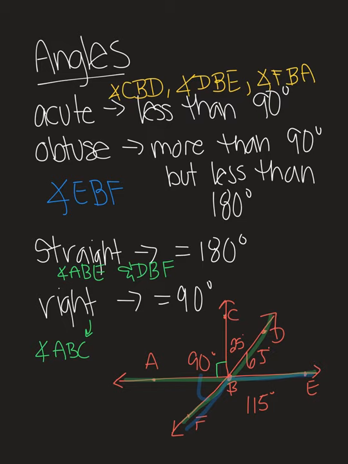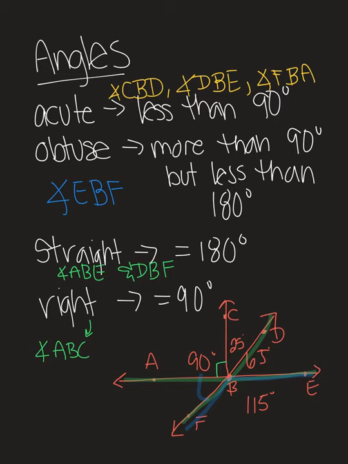So something else while we're looking at this picture is supplementary and complementary angles. So supplementary are angles that when you add together, you get 180 degrees. And complementary angles is when you add it together and you get 90 degrees. A way to remember that is complementary corner. A corner is 90 degrees. Supplementary straight line. Straight line angles are 180 degrees.